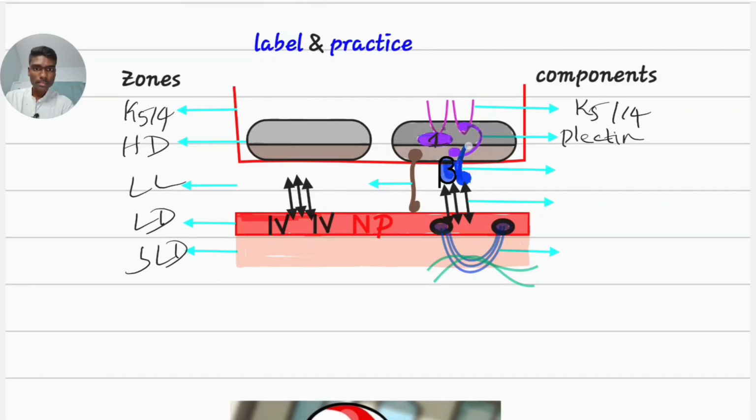This 6 is for alpha 6, B is for beta 4 integrin. This is BPAG2. This is laminin 332. Double-edged arrow marks are laminin 332, also known as laminin 5, which connects on one side alpha 6 beta 4, and on the other side lamina densa structures.